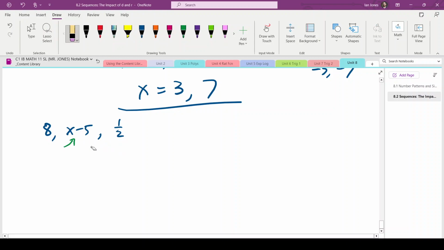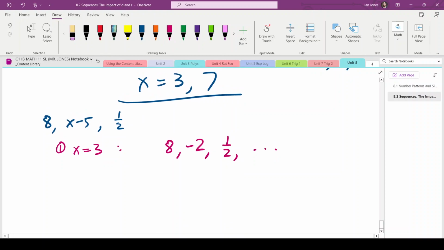So my solution says there's two possibilities here. You could have x equals 3, you could have x equals 7. Well, in the case where x equals 3, what does that give me? It says I have 8, 3 minus 5 is negative 2, positive a half.